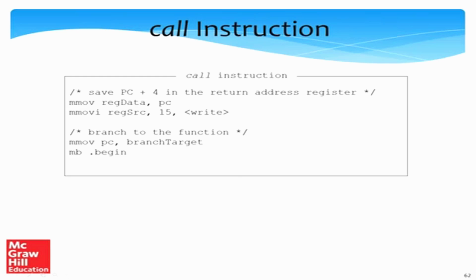Let us now take a look at the call instruction. The call instruction is very similar to the branch instruction. It's just that a little bit more work needs to be done. We need to save the value of the PC after the call instruction, the next PC, into the return address register.